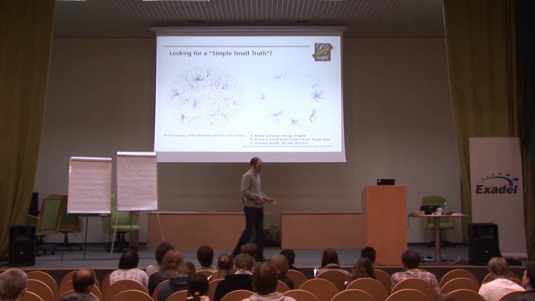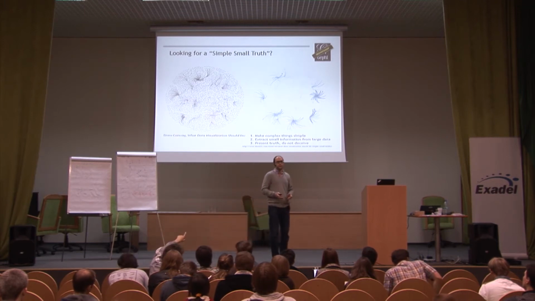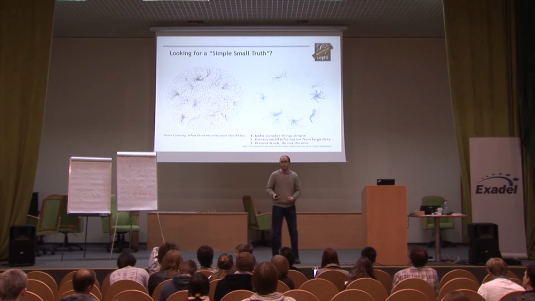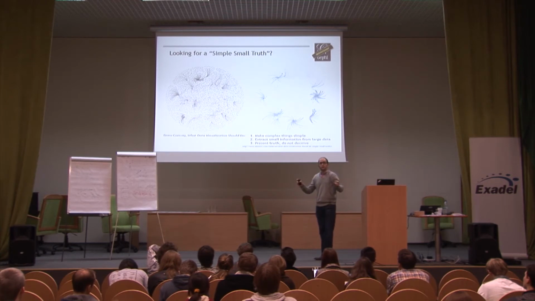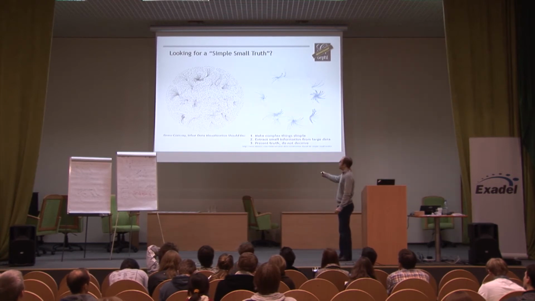So finally, what are we looking for by visualizing networks? Some people say that we should emphasize just a simple small truth. I mean, this is the same network, but on the left you have no particular tuning. I mean, it's just a layout.